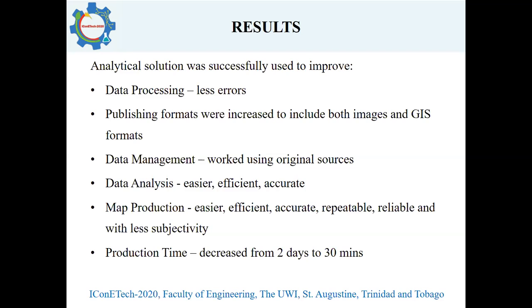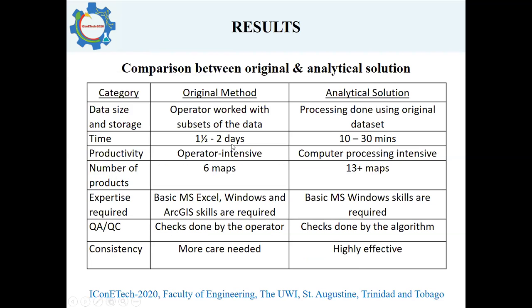It was more reliable, more repeatable, and had less subjectivity. Because one of the functions was, again, integrating the satellite-based or reanalysis information with the land-based information, where the user would eliminate some points. The software now determined which points to eliminate based on the criteria that were defined. The production time was reduced from 2 days to about 13 minutes. And this is a table summarizing everything.